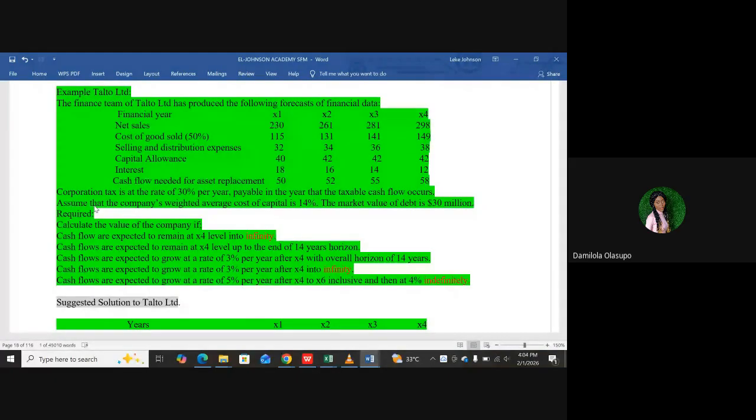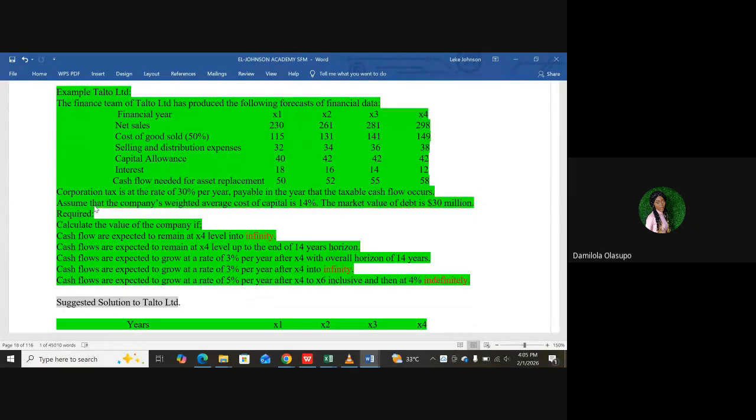Required: calculate the value of the company if cash flows are expected to remain at year four level into infinity. Or, cash flows are expected to remain at year four level up to the end of the 14 years horizon.